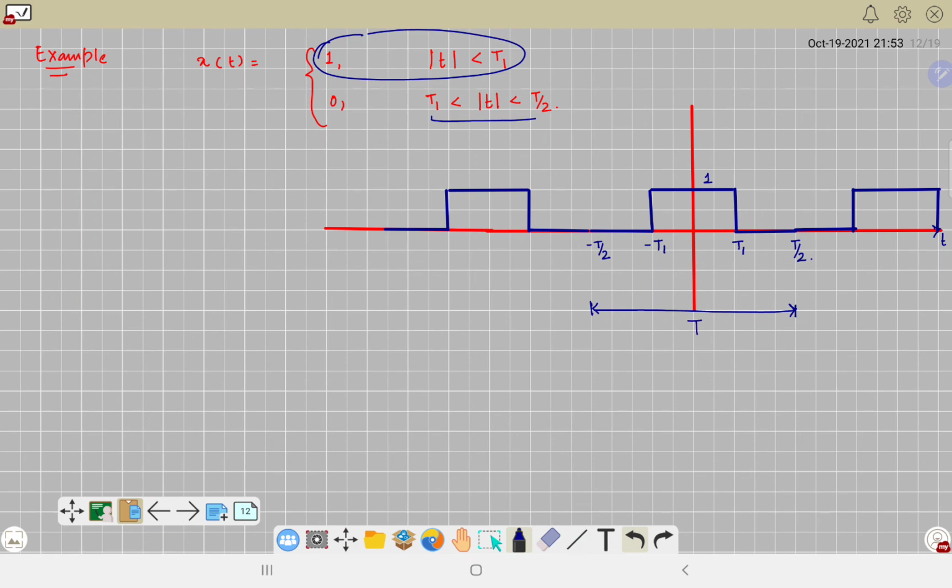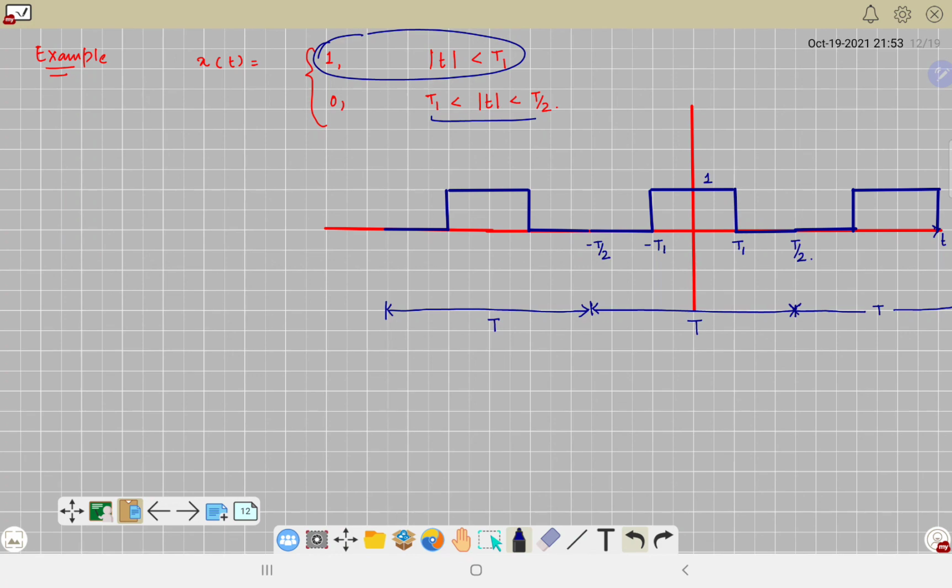That is a fundamental period of T, then it repeats itself. So इसी तरह ये interval भी T होगा, likewise it will be T. Okay, so this is a typical periodic square wave, and it has a fundamental period T, that is the smallest value is capital T, जिसके बाद ये repeat हो रहा है this signal.